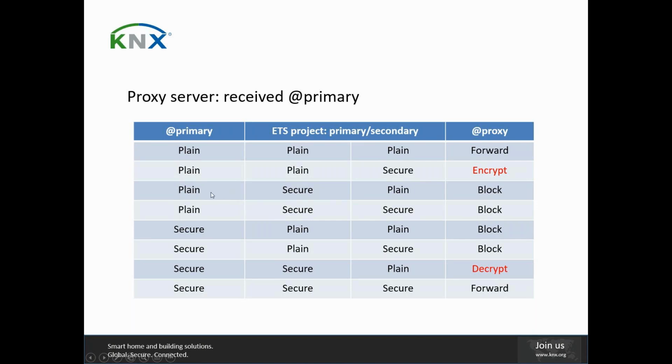We have a possible security issue here, or most probably a security issue. So therefore, the proxy server shall block this telegram. Well, it's simple. The proxy server can, because of this setting, find out that something unexpected happens.